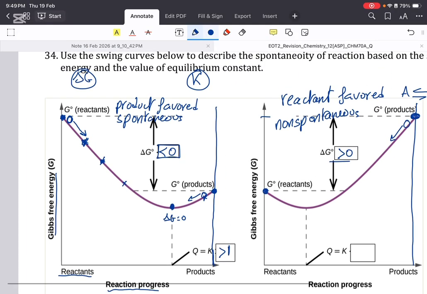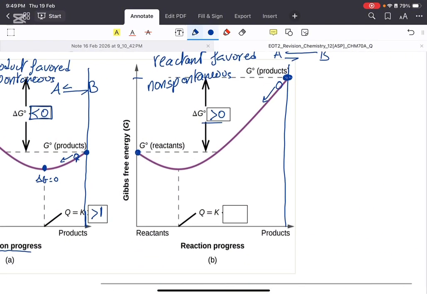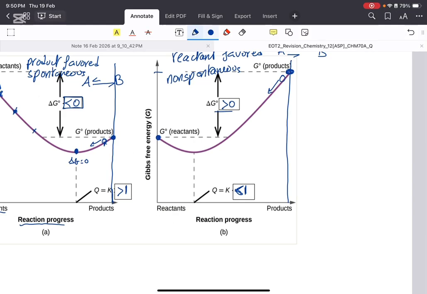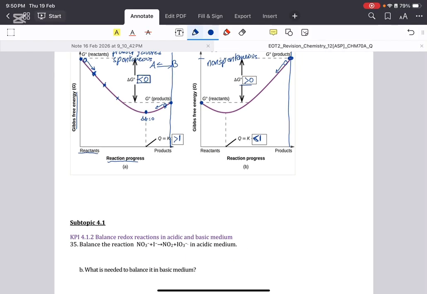Whereas this one is product favored. Now, of course, if delta G is positive, in this case, K is gonna be very low and I have more reactant than I have product, because the products are more favored in giving the reactant and not the opposite.